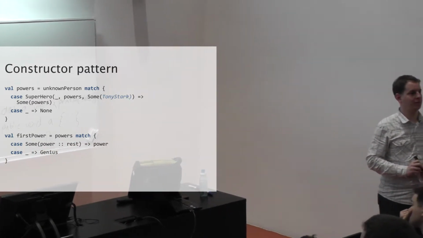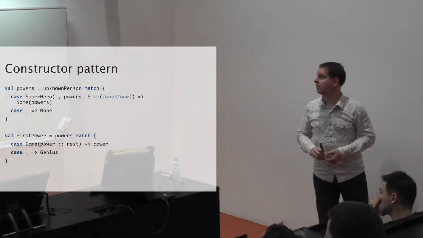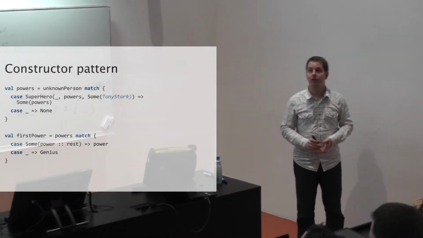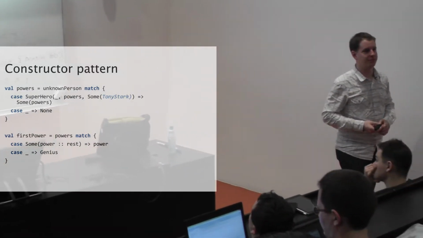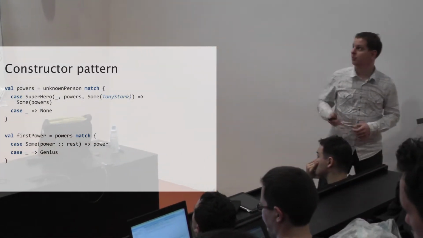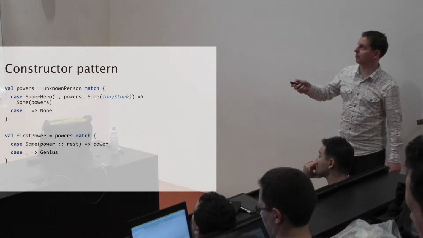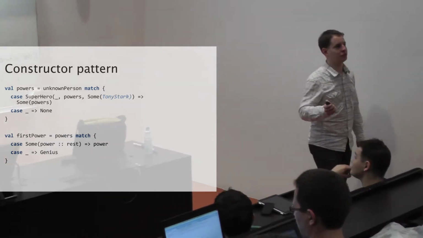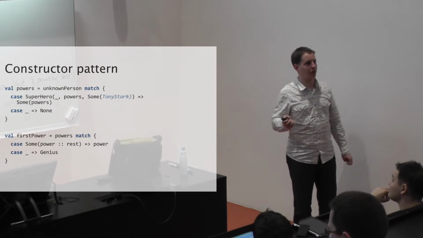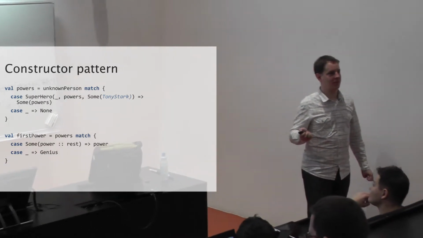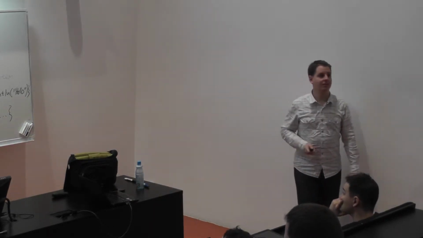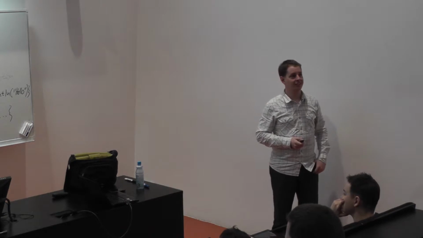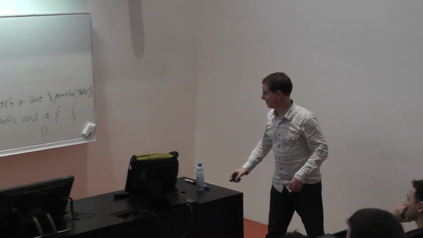It was inspired by many languages, and the first one who used it with a different name was Lisp back in the 50s. So this is actually a constructor pattern. There really exists a constructor which is named colon, pronounced cons, and it is a syntactic sugar for this kind of thing.